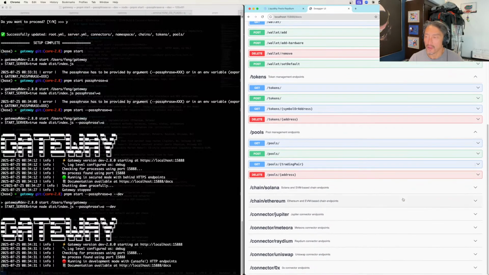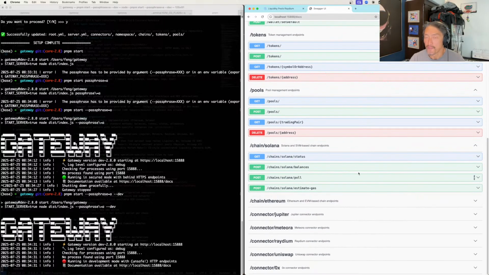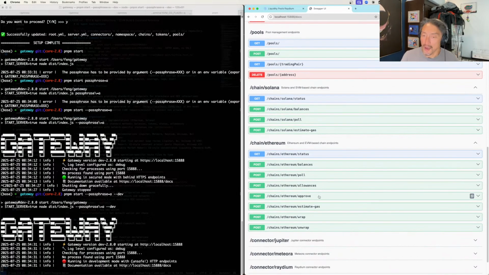But the endpoints that most people use are the chain and the connector endpoints. Every chain like Solana should expose certain endpoints like status, balance, poll, and estimate gas. Ethereum does the same thing, and it also has some Ethereum-specific ones like allowances, approve, wrap, and unwrap. The reason only these two chains exist is that they are designed to support different wallet architectures.